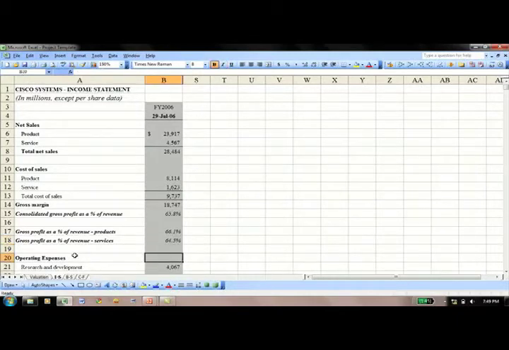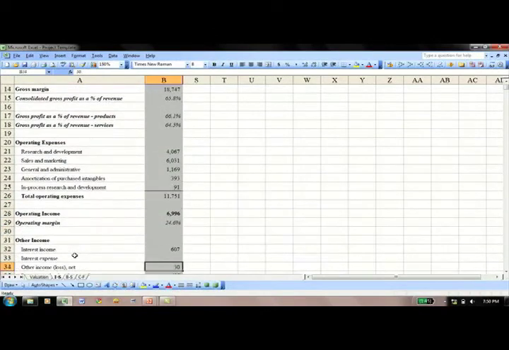Going down, it then breaks out its various operating expenses, and I'll just scroll up on this one. So Cisco has 5 categories that they break their operating expenses into. There's research and development or R&D, sales and marketing, general and administrative, which is often shortened and just called G&A.